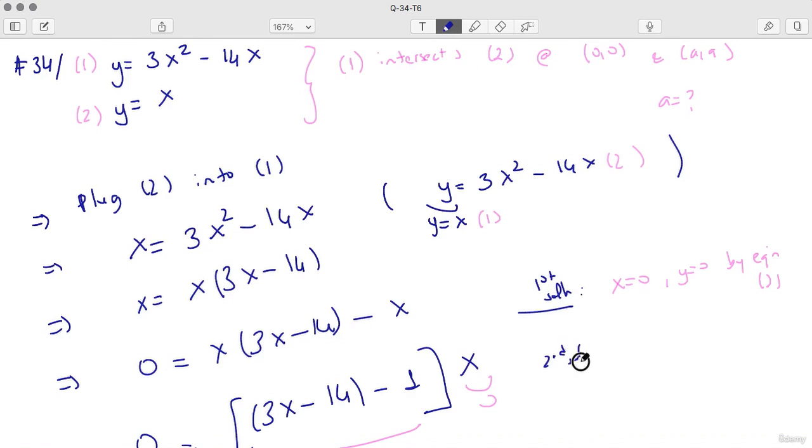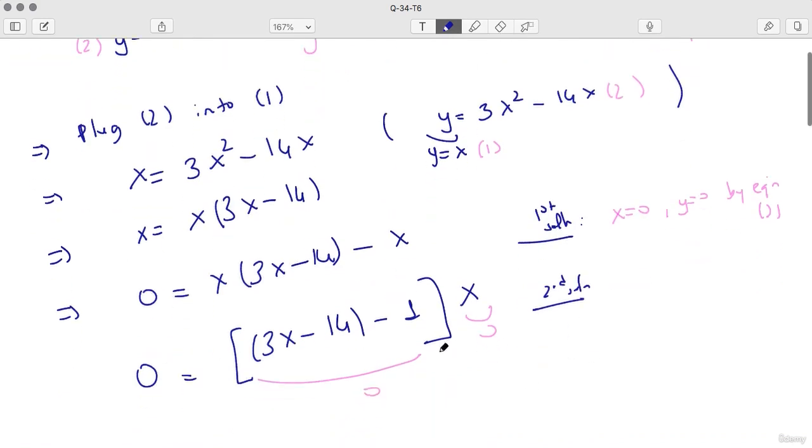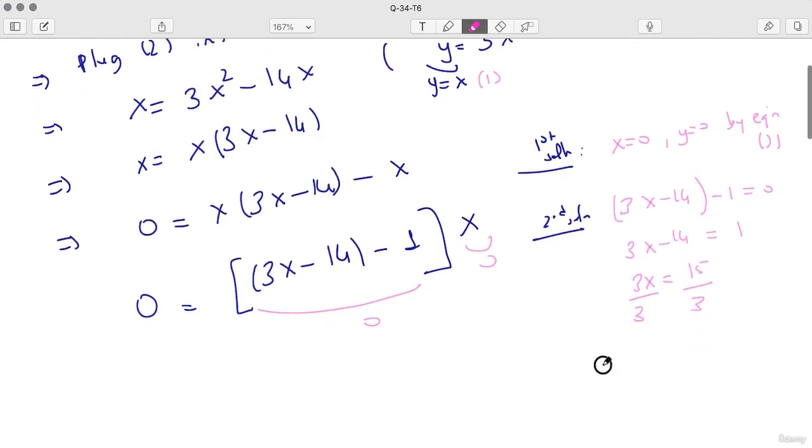Second solution, when this other factor is 0: 3x minus 14 minus 1 equals 0. Add 1 to both sides, and add 14 to both sides. 3x equals 15. Divide both sides by 3. We get x equals 5.